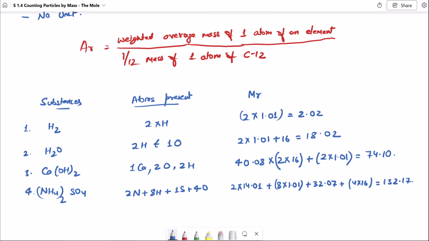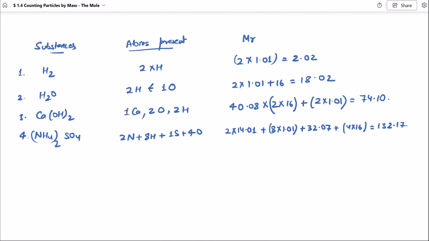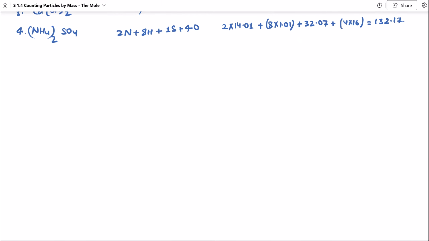Now, how to find the relative formula mass? Let's talk about that. Okay, so this is easy. You will be able to calculate. Let's say you have to do the calculation for relative formula mass, and we write it as Mr. What is this?